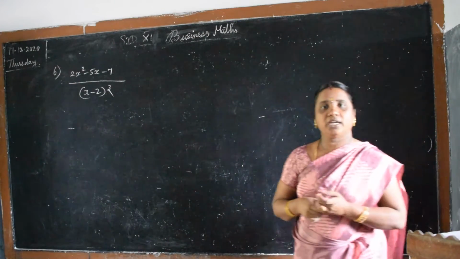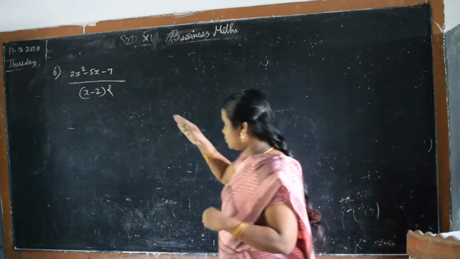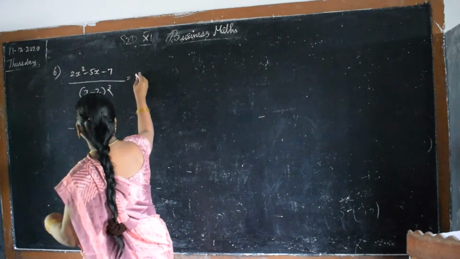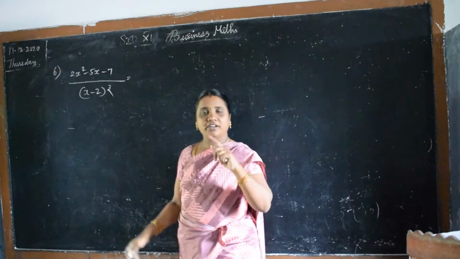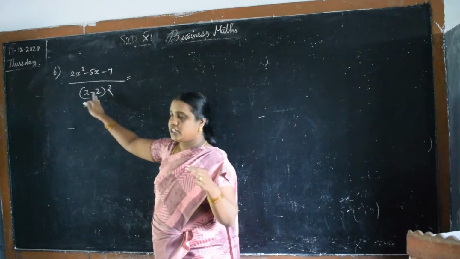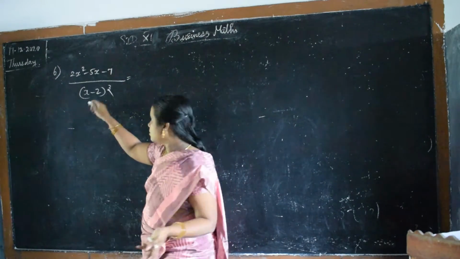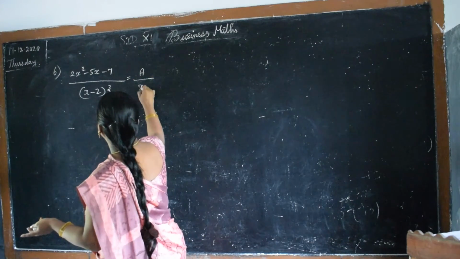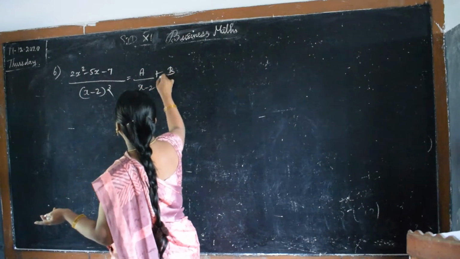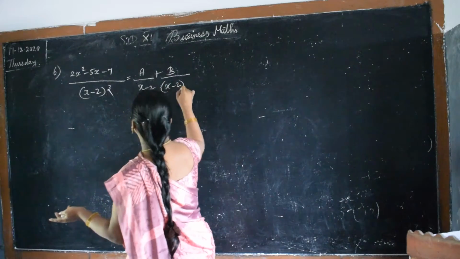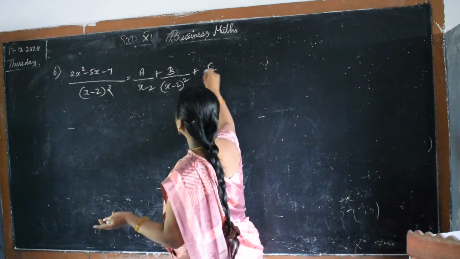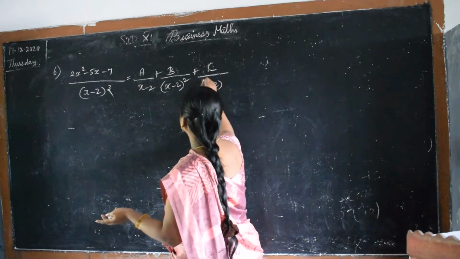Here, the numerator you should not change anything. Now I am going to change only the denominator. For x minus 2 whole cube, you have to write the least part first: a by x minus 2. Next, what will come? b by x minus 2 whole square plus c by x minus 2 whole cube.